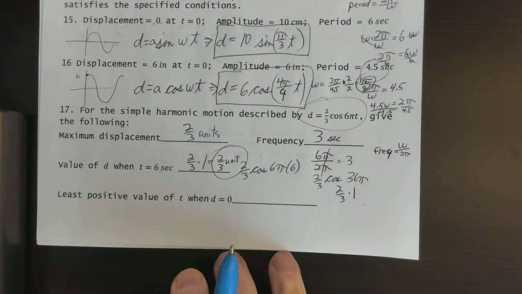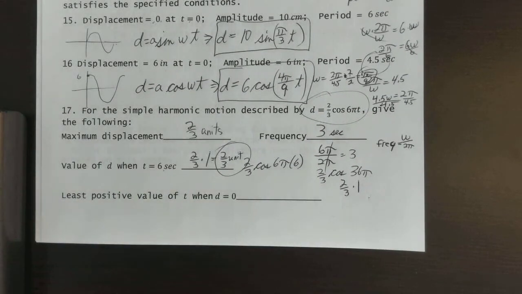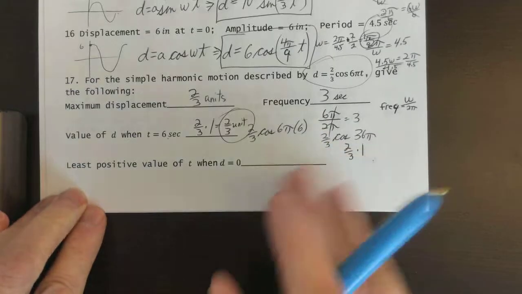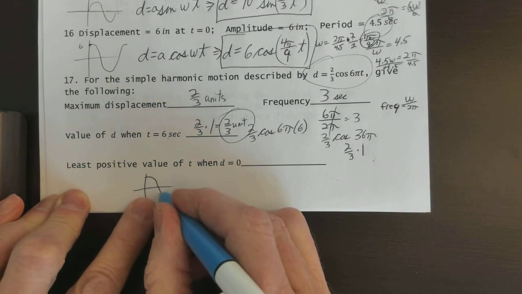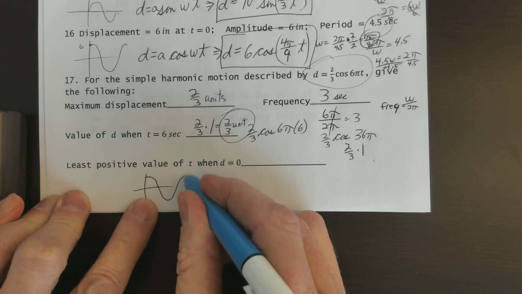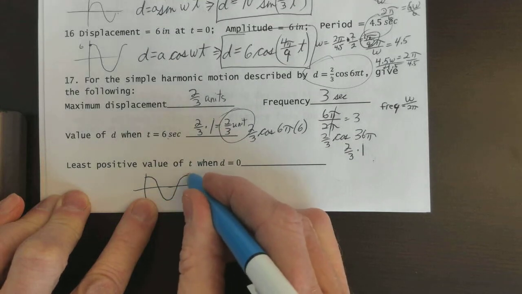All right, the least positive value of t when d equals 0. If we were to draw this, there's one period.